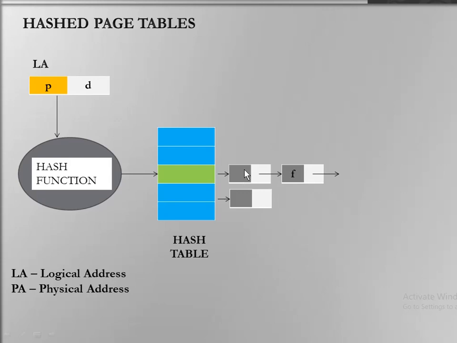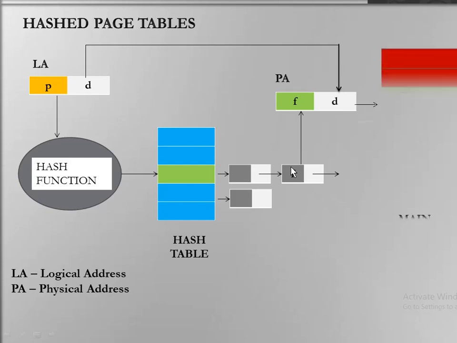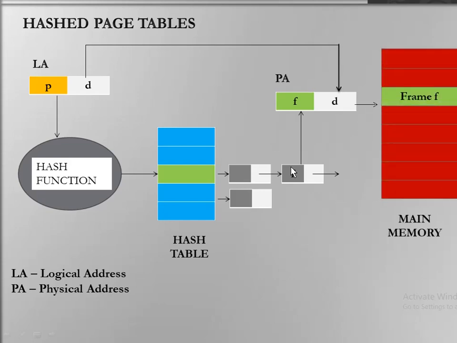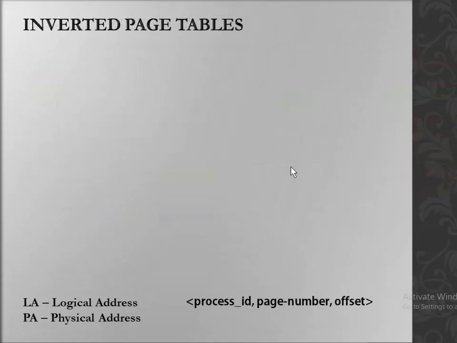No. Then we search in the next link, right? Yes, F is present here, then we add this F with D, the page offset value, and you can easily identify the frame. That is the hashed page table. The next technique is the inverted page table.